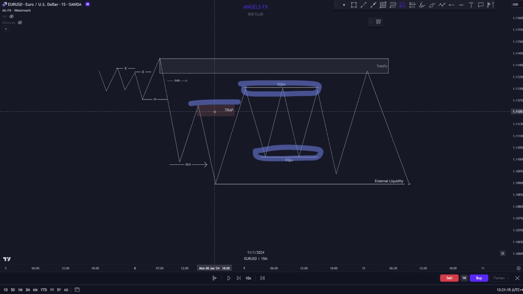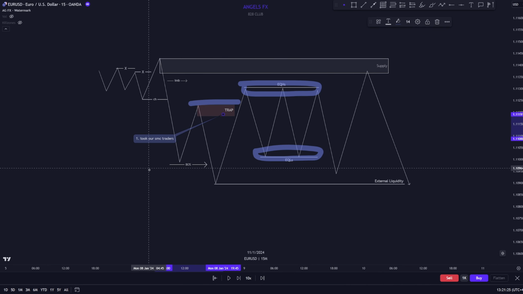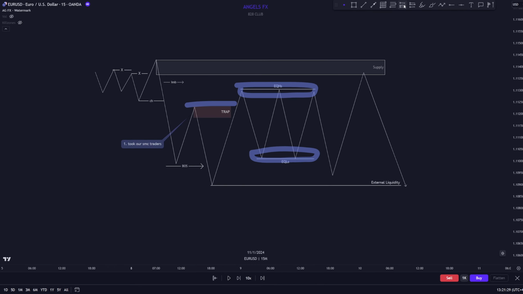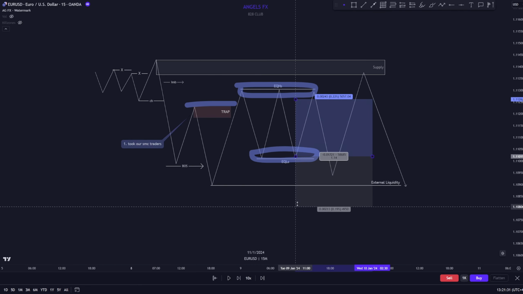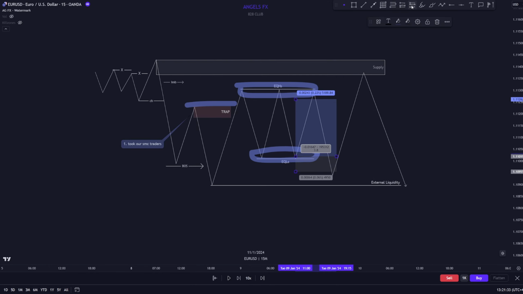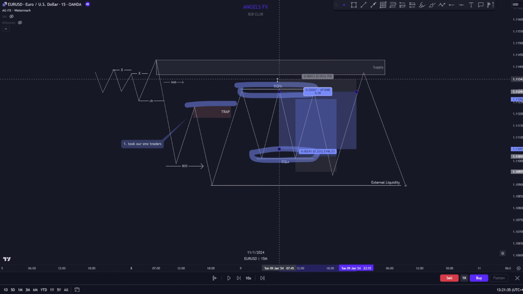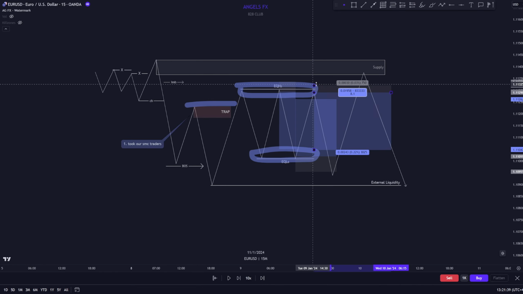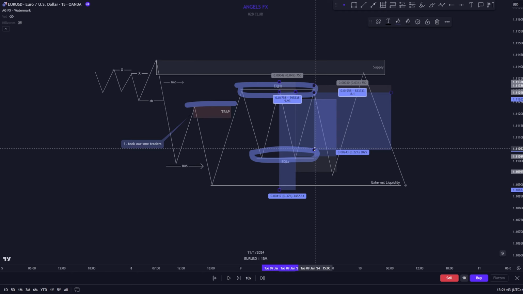Firstly, they took out smart money traders, took out SMC traders first, in this trap. And now what is price doing? Price is now taking out support and resistance traders. They are shorting from here, and also from here, and they are targeting maybe these lows.